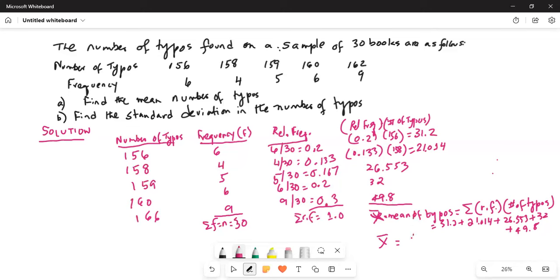Right? 160.567. That's the answer for mean number of typos.